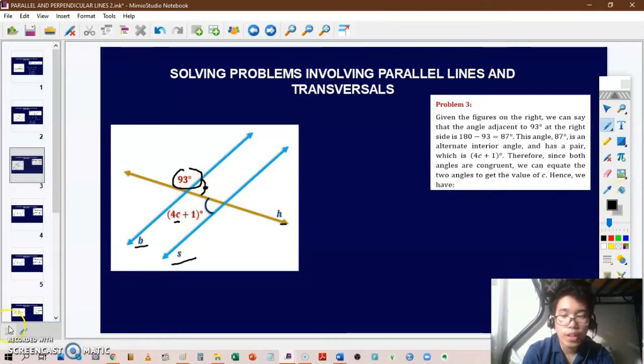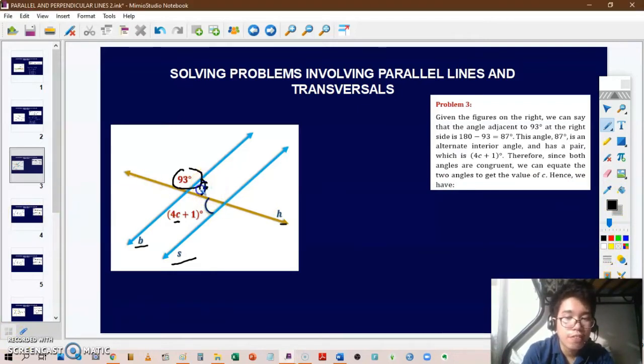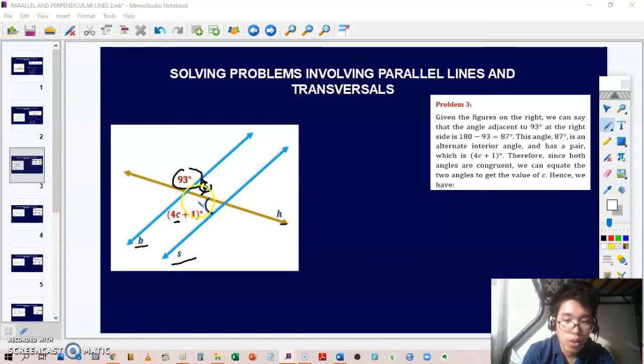So we can try to equate these two angles, but we still need to find this value. How do we find the value of this angle, the one that's adjacent to 93 degrees?